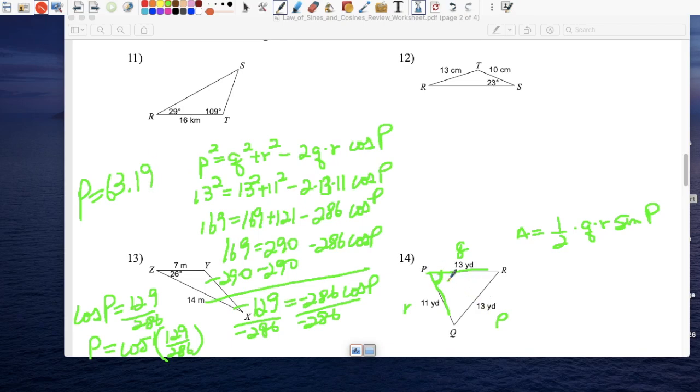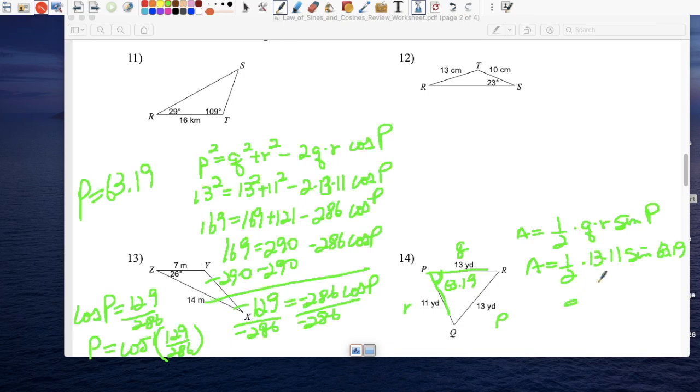So area equals half of Q, which is 13, times R, which is 11, times sine of 63.19. Let's put that in the calculator. 0.5 times 13 times 11 times sine of 63.19. For the love of God, give us the right answer.